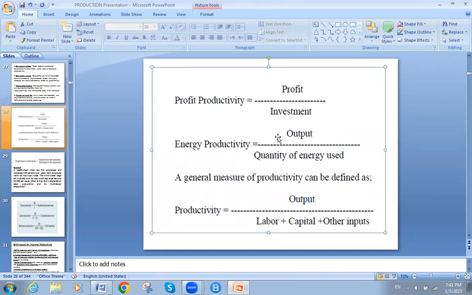All of them have the outputs in the numerator, and the denominator is what you want. If you are talking about energy productivity, the energy will be in the denominator. If you are talking about total productivity, it will be the total outputs divided by the total inputs. So as an example, the total productivity is the outputs divided by the labor plus the capital plus the other inputs, all the inputs. The inputs are the cost of production.